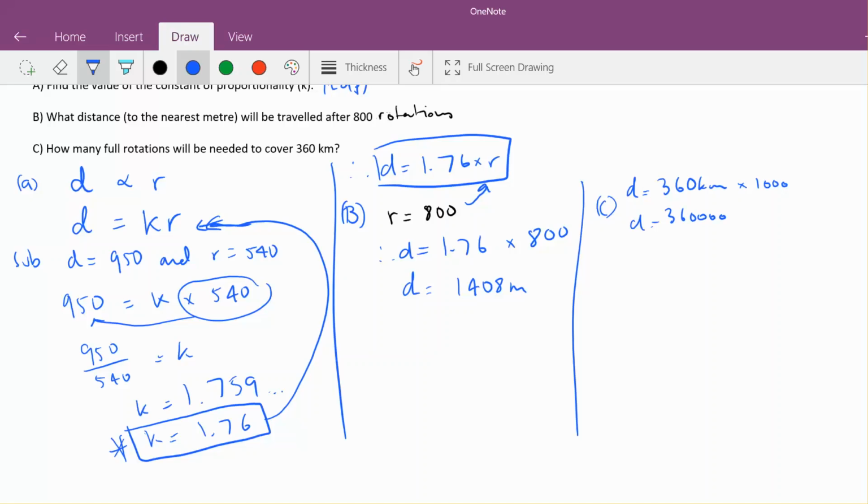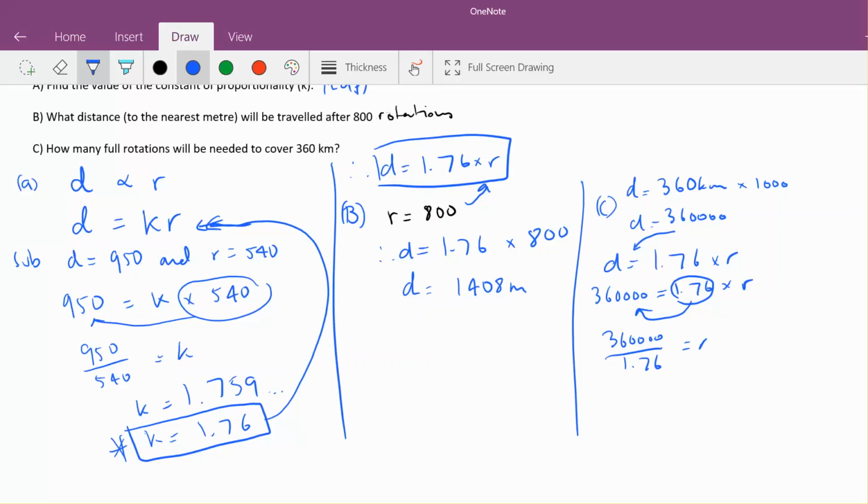Let's see how many rotations. Well, we have to sub d into d equals 1.76 times r. Subbing in for d here, 360,000 equals 1.76 times r. Opposite of times in here is divide, so 360,000 divided by 1.76 equals r.